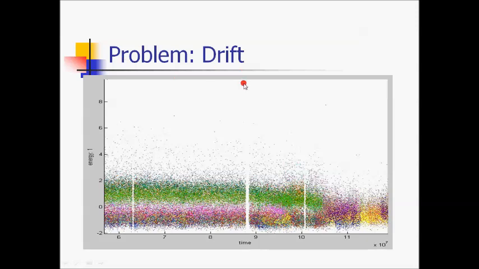Okay, the second problem is drift. Here on this axis I'm showing the energy of spikes at electrode 1, and here I'm showing how it changes in time, over something like 2 hours of recording.